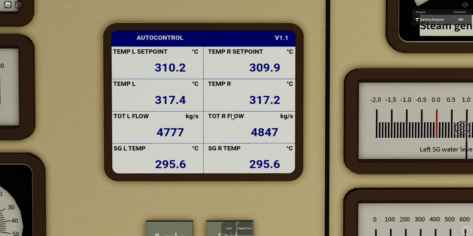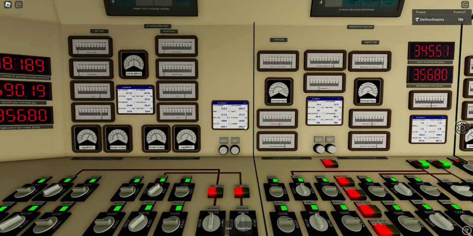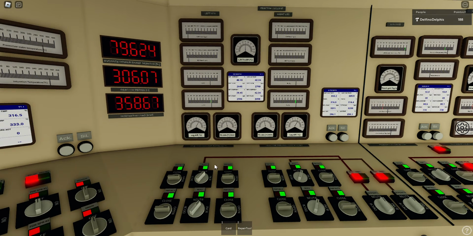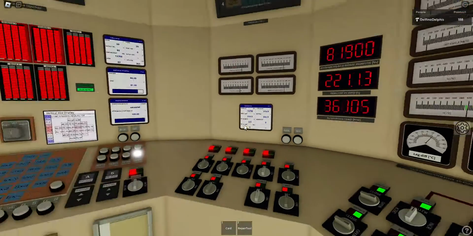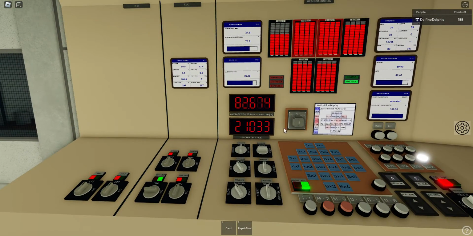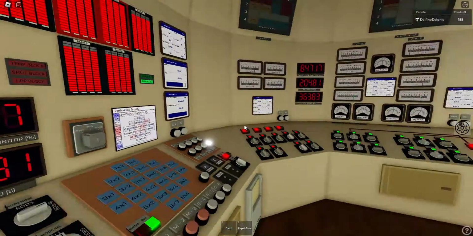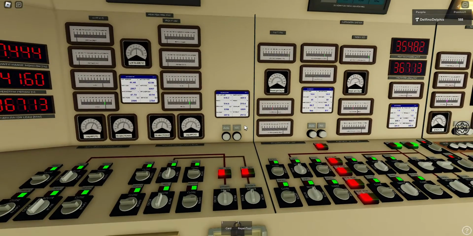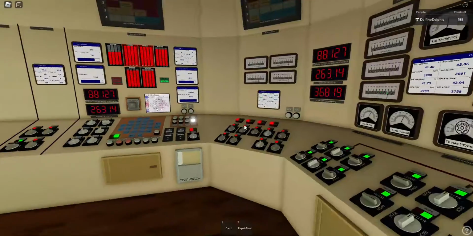That's how it works. So I may say, yeah, I've achieved my goal of reducing the temperature here. Okay, let me stop it. But what will happen now? The reactor will increase power, because the reactor wants to have this temperature at the same level. You can see the temperature is rising again.